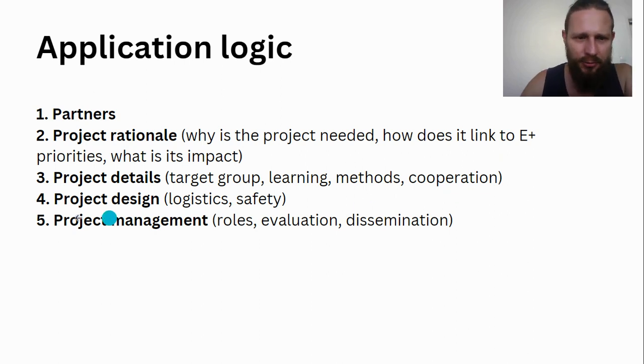And then they are asking about the project design. This is very much connected to the logistics, how you're going to do it on the spot, about the safety, how you will make sure that participants will not get hurt, how you will arrange that there is water on the spot, these things. And then there is the project management. This is connected to the roles, like who is responsible for what, but also to evaluation and to dissemination.